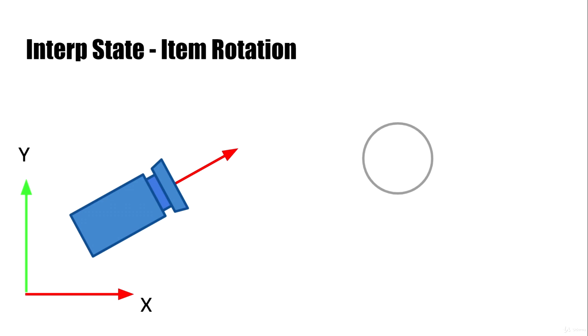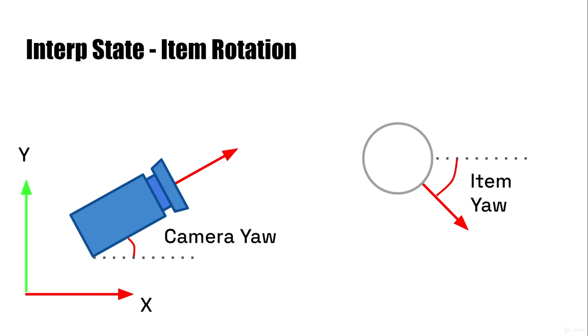And the item has its own forward direction, which is very likely different than our camera's forward direction. So this means that our camera has its own rotation. And if we're only considering rotation in the xy plane, basically the rotation about the z-axis, that's the yaw component of the rotation. So our camera has its own yaw, and our item in question also has its own yaw.